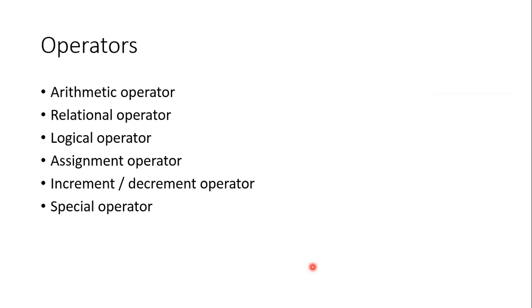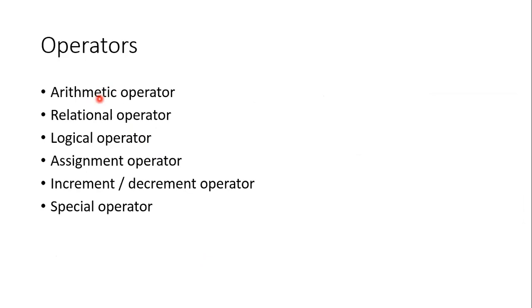Already we have seen the operators in C. The operators are similar to C, except some new operators are available in C++. So what are the various operators available? First, an operator is a symbol which is used to perform some operations.